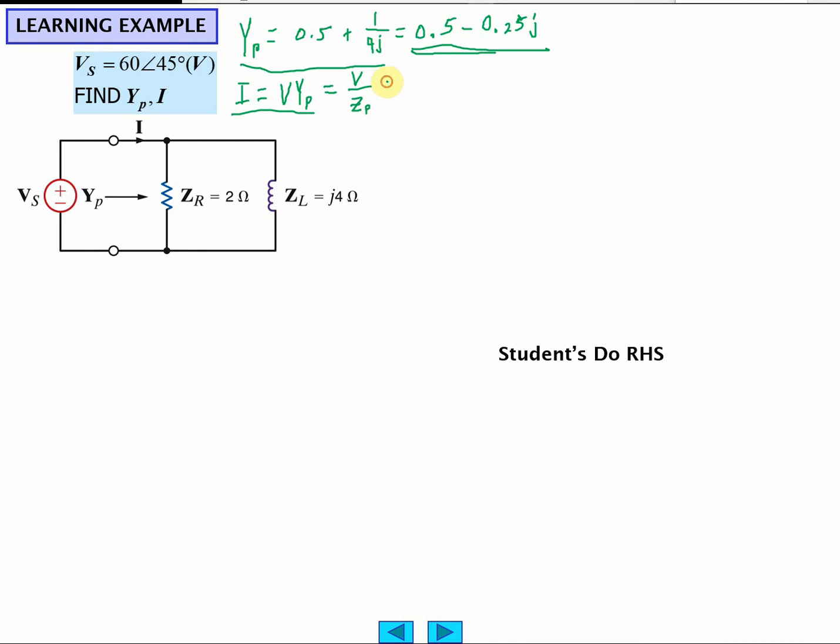So the current is going to equal 60 at the angle 45 degrees, units of volts, times. Let's crunch the numbers and figure out the magnitude and phase angle of the admittance.